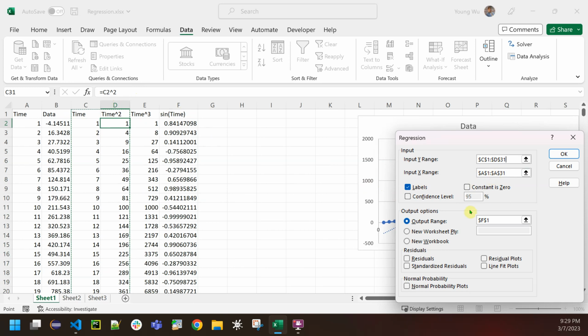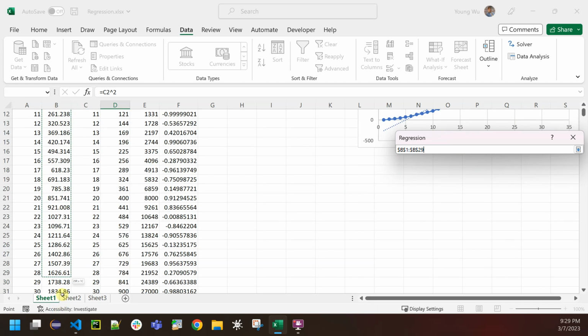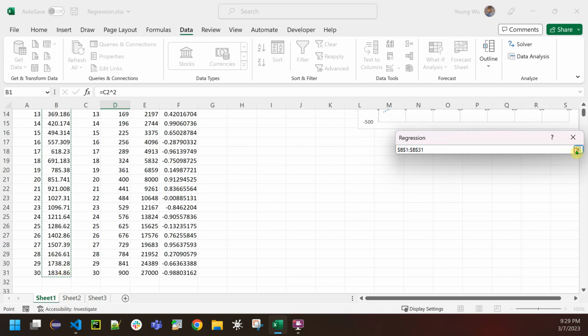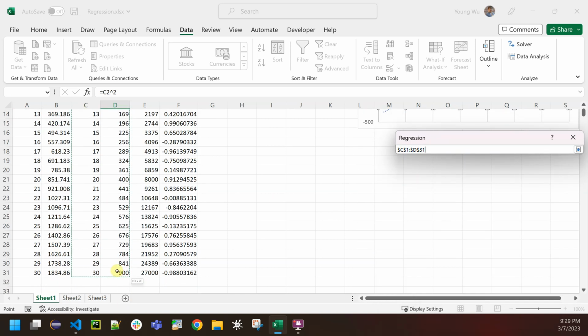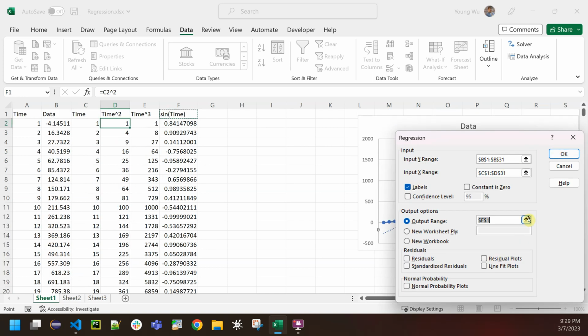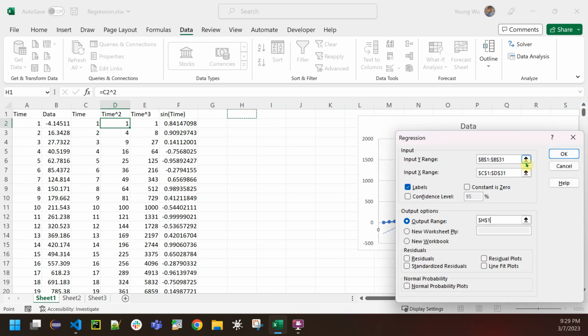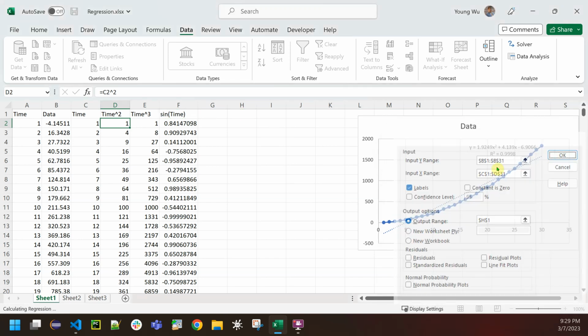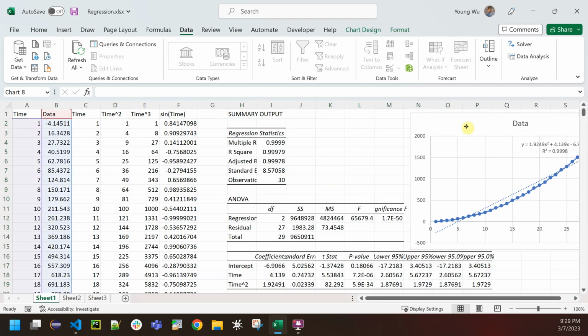I think I selected the wrong thing. So y is still the data, and x is these. We still have labels, and we need to output it somewhere else. Let's do here. Okay, so now we have the stats again.